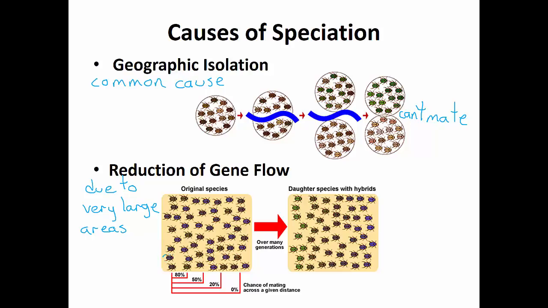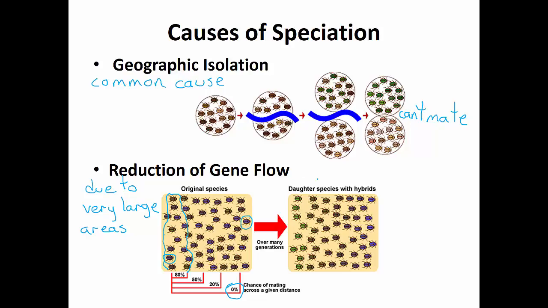So, if you're this guy right here, then chances are you're going to mate with somebody that's in this general vicinity, right? Very rarely are you going to even get to see this bug over here, forget about having a chance to mate. So even though there's no physical barrier between them, you can see here that the chances of mating with somebody way over here is close to none.